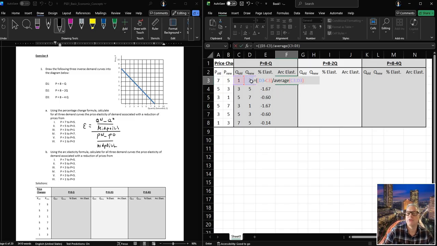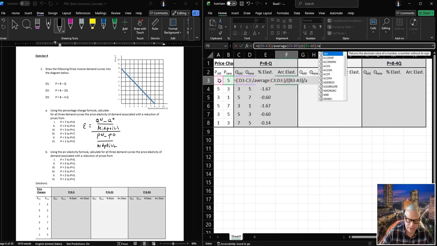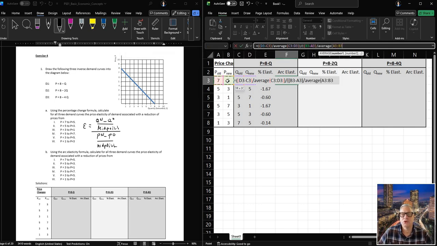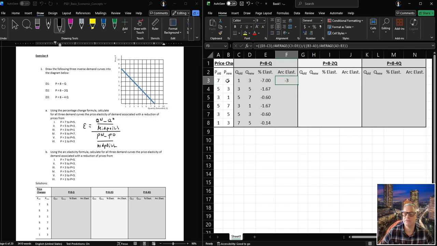Okay, so now we have to close. And now we divide again. Open two parentheses. So now we take again the new price minus the old, close parentheses, and now we divide by the average of those two, which will be 6. Okay, so now we get here -3, and now I can copy down that formula again.